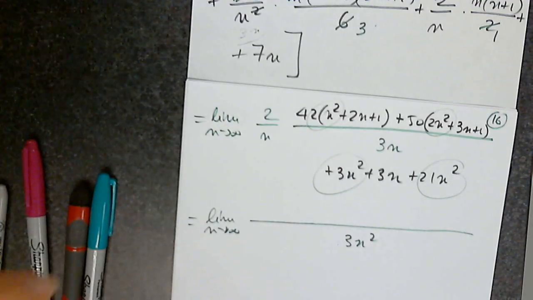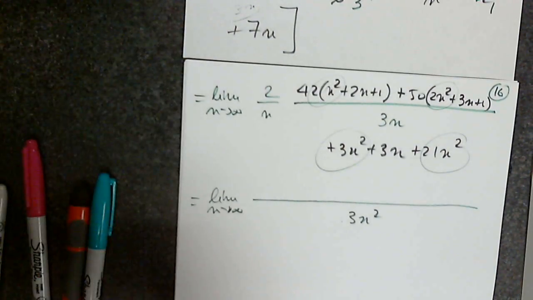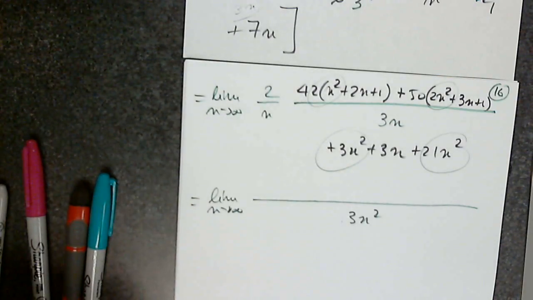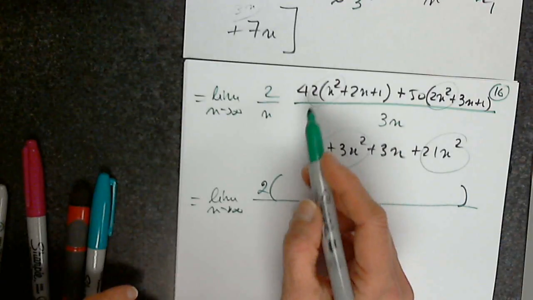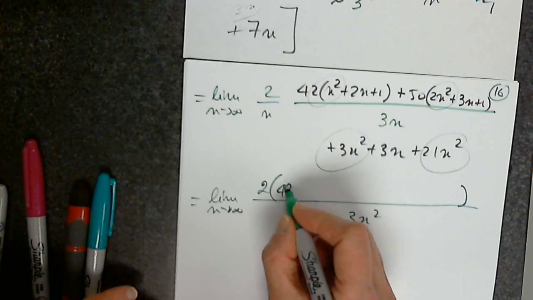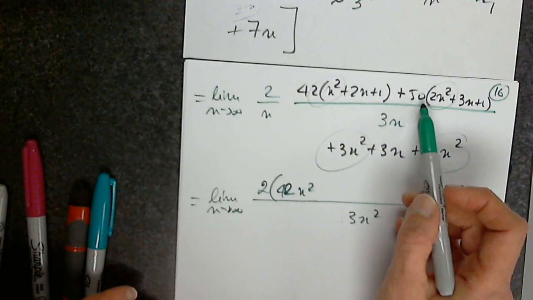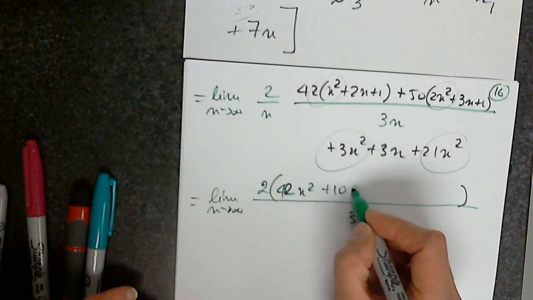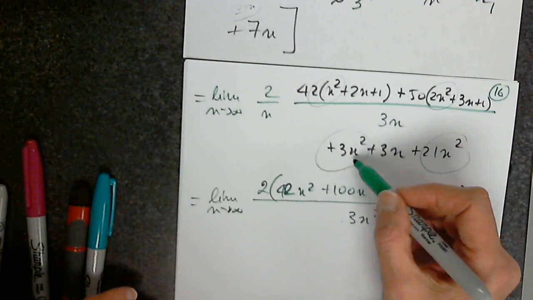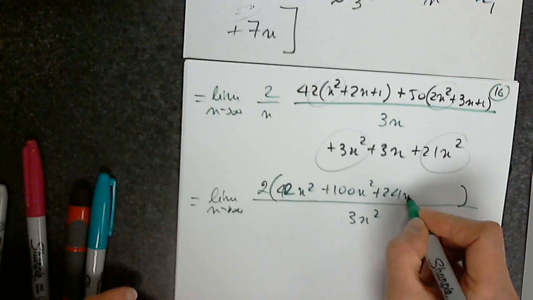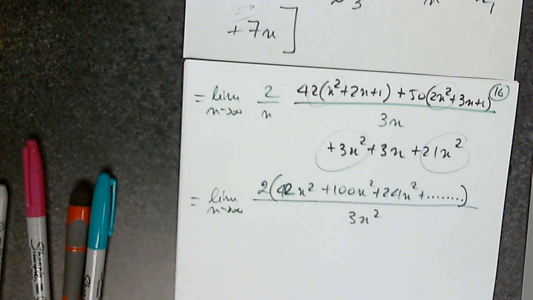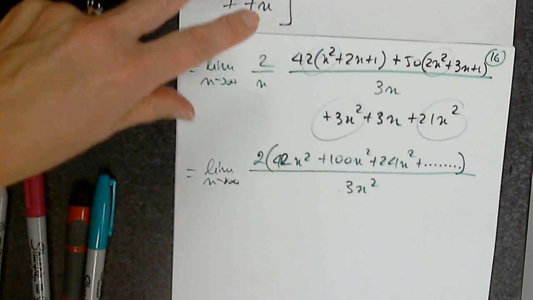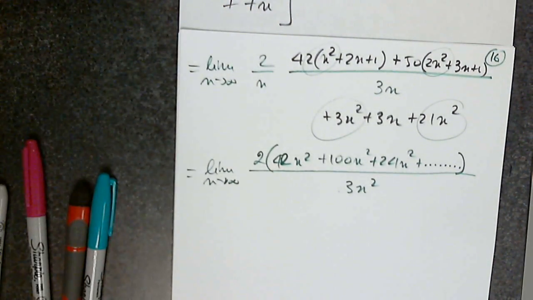So you can continue to finish up multiplication and so on, but I'm only interested in the terms with n squared. So 2 multiplied by 42n squared, plus 100n squared, and plus 24n squared, and plus the rest that I don't care about. All the other terms will not influence or affect the answer.